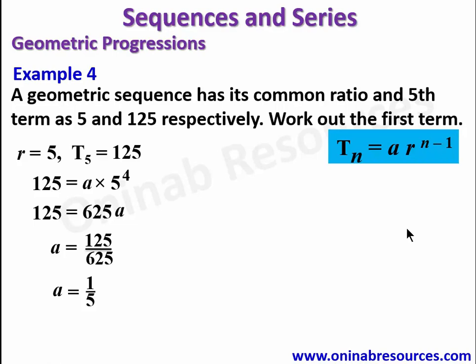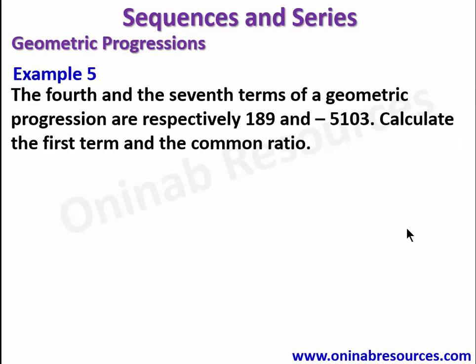We then go to example 5. Example 5, the fourth and the seventh terms of a geometric progression are respectively 189 and negative 5103. Calculate the first term and the common ratio. So we still remember our formula for the nth term of a geometric progression.